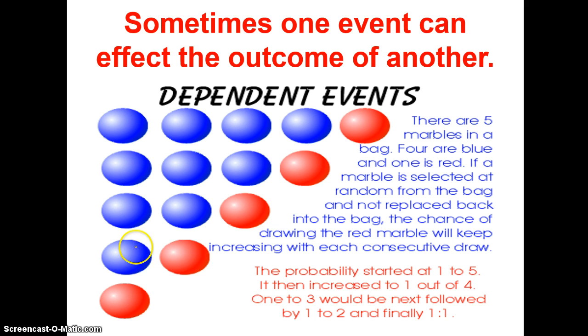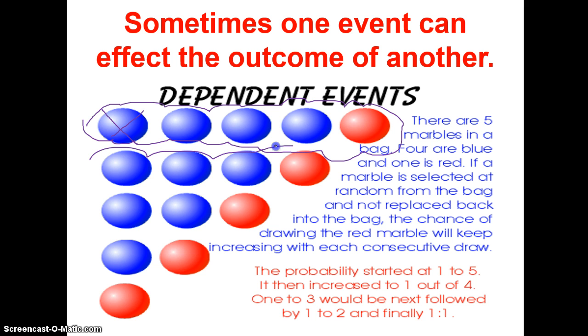So, this first row represents all the possibilities before we even begin: you have 5 balls, 1 of them red. If I pull a blue out of the bag, now there's only 3 blue remaining, and there's still that 1 red.